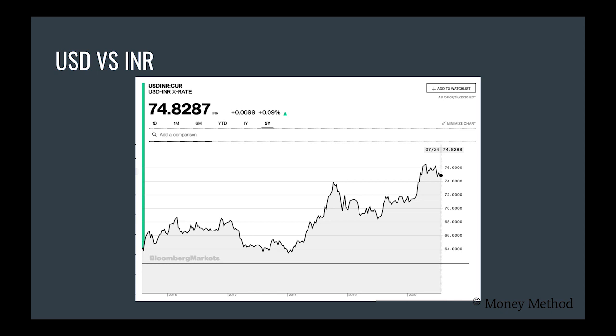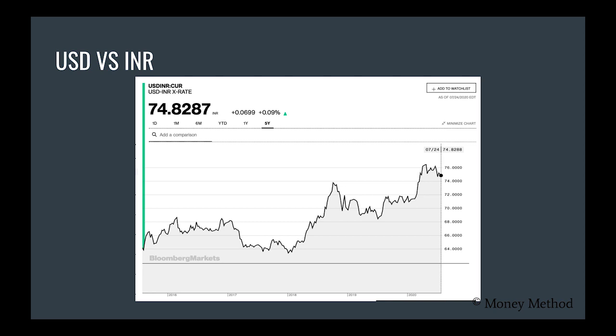The other thing that people generally talk about is currency depreciation. If you look at the US dollar versus the INR, in 2015 you could get one USD for 64 rupees. Today you have to spend close to 75 rupees to get one USD.